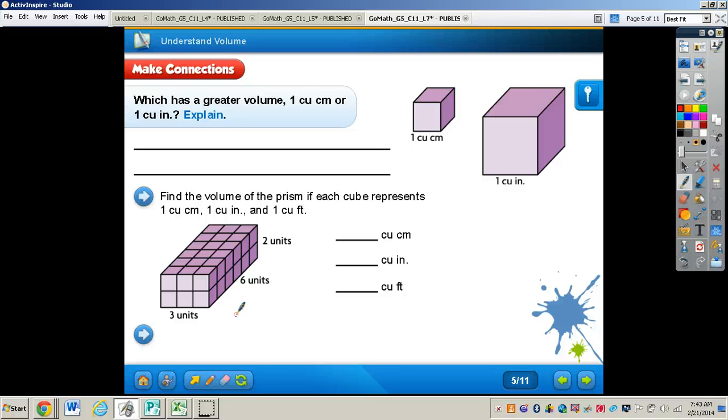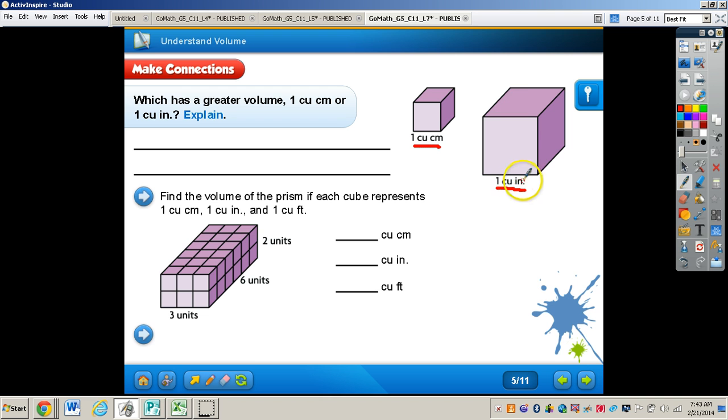Okay, let's take a look at the making connections section. It's asking us which has greater volume. Now, it is important to remember that volume is just a measure of the amount of space a solid figure occupies, and it's always going to be measured in cubic units. So which one has a greater volume, 1 cubic centimeter or 1 cubic inch?